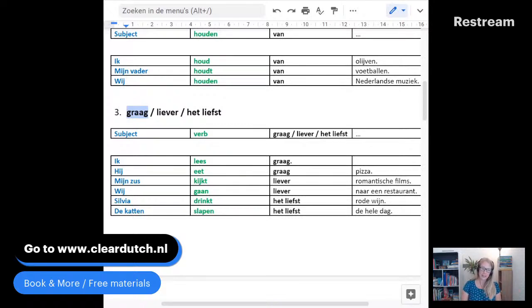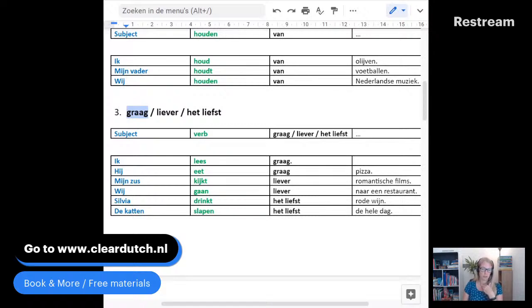So the thing here is that you're going to need to choose a verb, right? So if you have a sentence like ik hou van dansen, I like dancing, then it's pretty clear what the verb is, right? So ik dans graag. Then I think it's pretty doable. You start with the subject, then the verb of your action, and then you use graag. But what about the chicken? If you like chicken, ik vind kip lekker, of ik houd van kip.